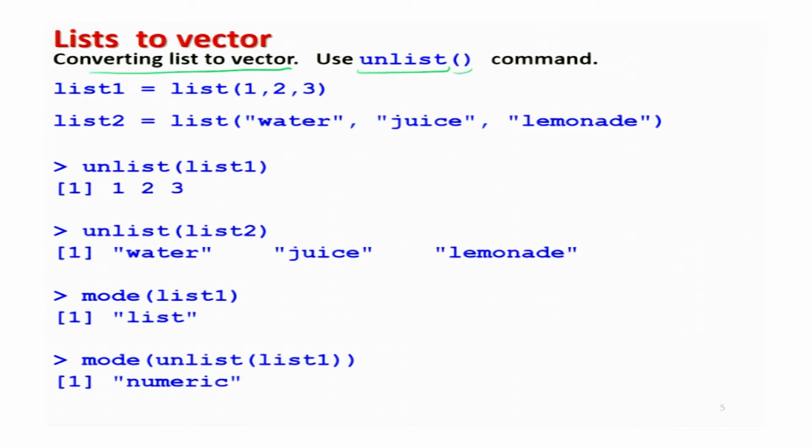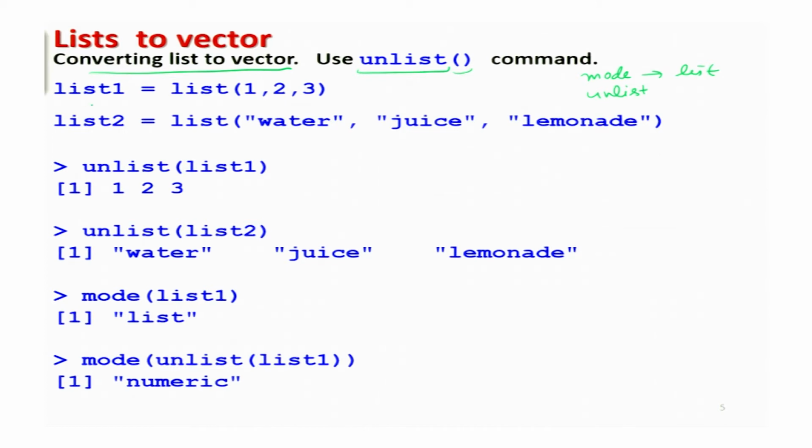This is actually going to change the mode, right. For example, if you try to recall, the mode of a list is actually list. So, when you use the command unlist over the list, then what will happen? Let us try to see through this example, right.